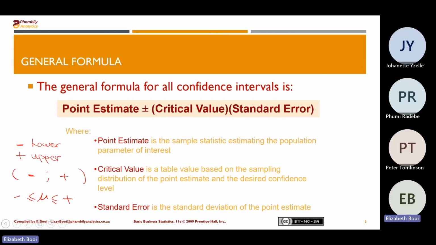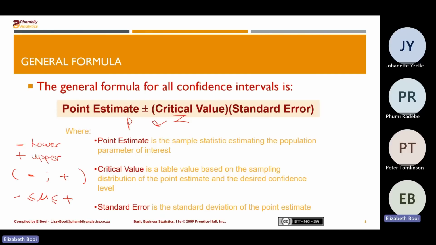Previously, you would have calculated the Z value because they would have given you the values that you will use to calculate the Z value, and then use the Z value to go and find the probability on the table. Now we do the reverse of that. The critical value is your Z value. And how we find this Z value, we find it by using the probability value, which you're going to learn just now.